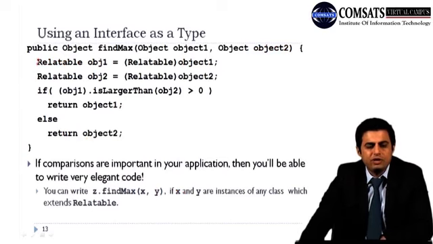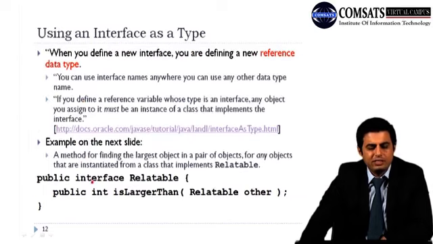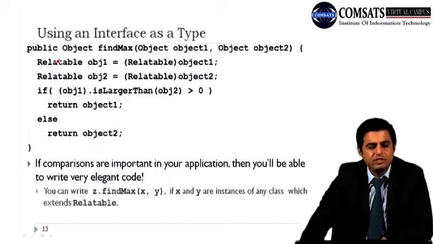And then we have this one method, which is findMax. Now findMax will find the maximum between these two objects. It is using that interface as a data type. If you look at that, that is the interface Relatable, and you are declaring this object as Relatable.